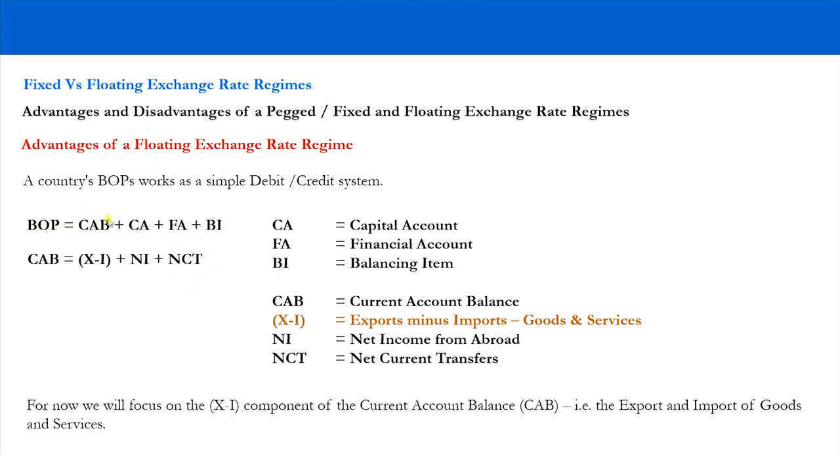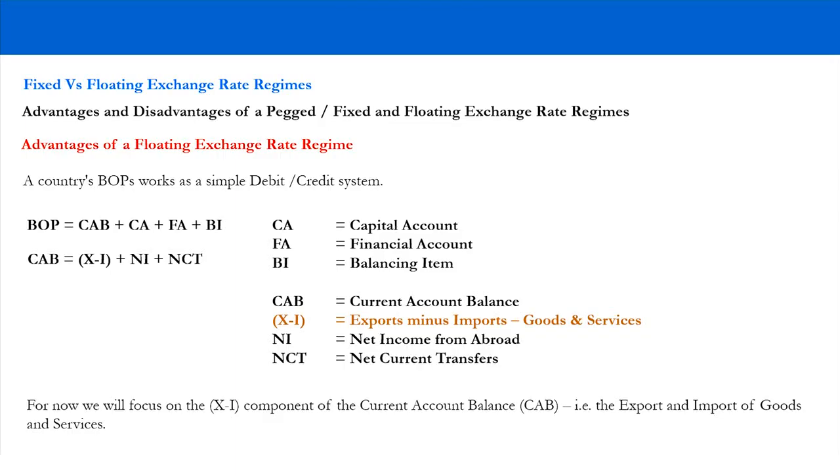So the balance of payments, one of the main components is the CAB, the current account balance, which is made up of net exports or imports, net income from abroad, and net current transfers.